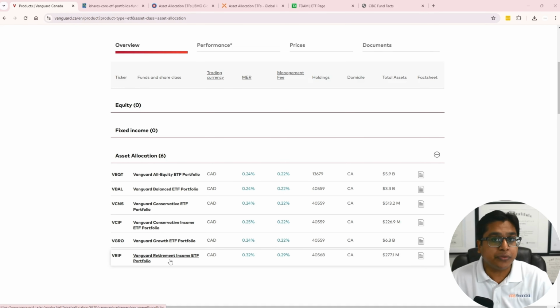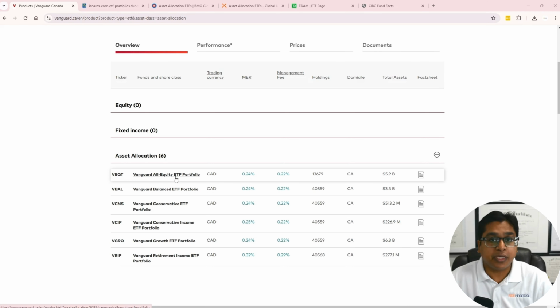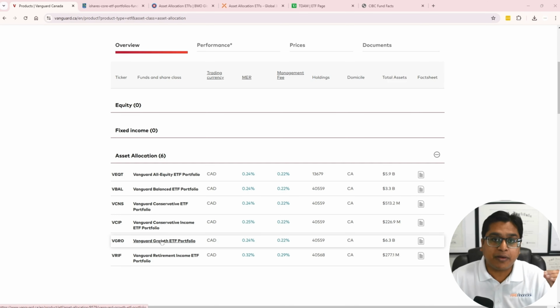What you need to do is figure out what risk level you fall under. So if you are somebody who has no interest in investing in bonds and has lots of risk capacity, then you might be tempted to buy one of these all equity ETFs or maybe a growth ETF. So that's where the advice from a financial advisor helps you.